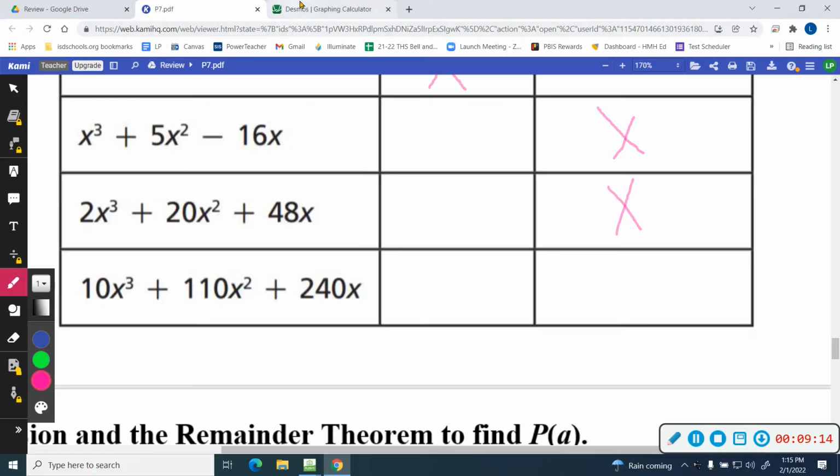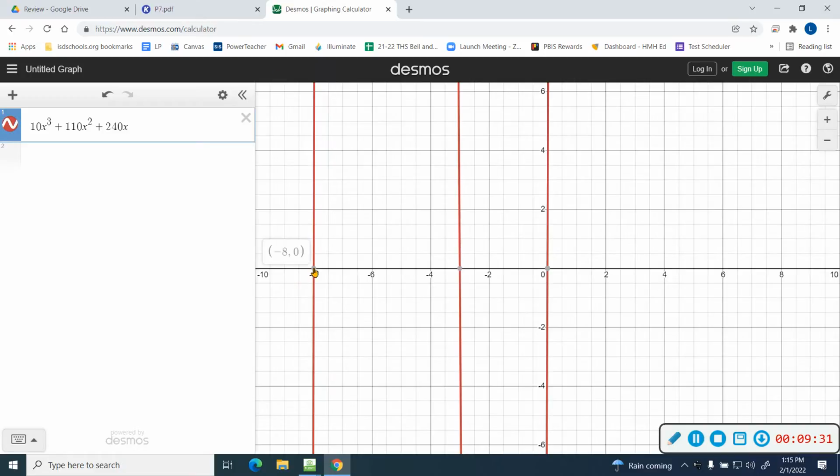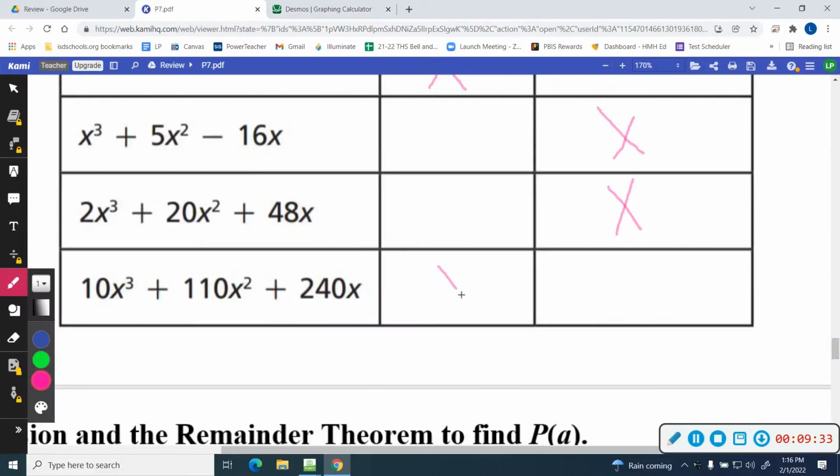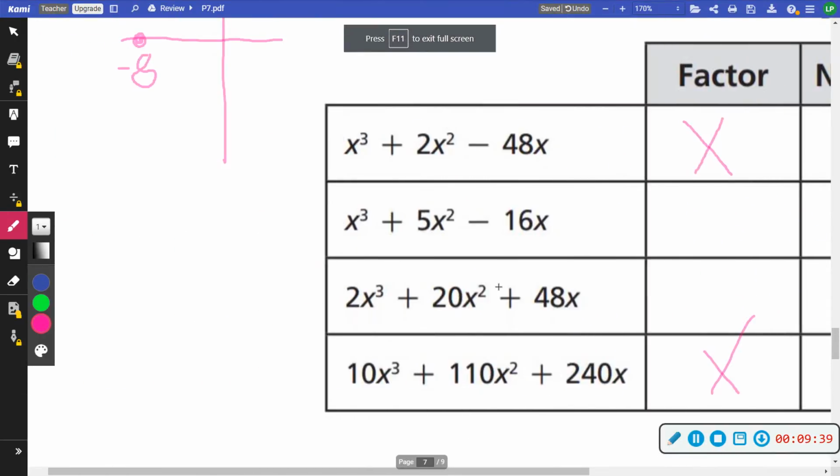And then 10x to the third plus 110x squared plus 240x. Look, that one is a factor. Now, that's really not the best way to do it. That's the way to get around it.